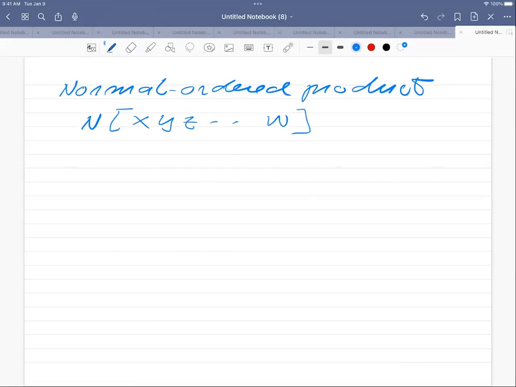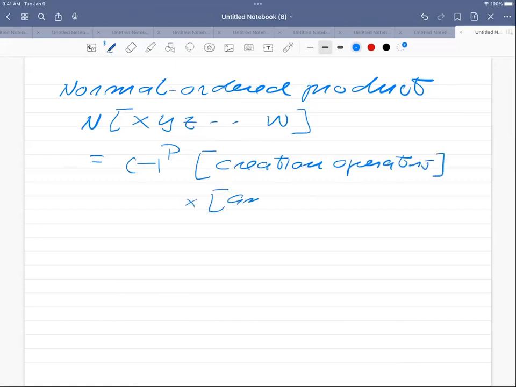This could be a chain product of all operators, and it is given by a minus sign to the power P, where P is the number of interchanges we need to do in order to bring it into normal order form. That means we would have a product of creation operators multiplied with a product of annihilation operators.